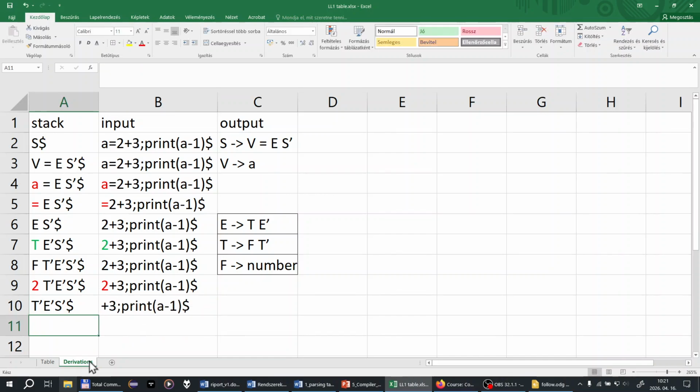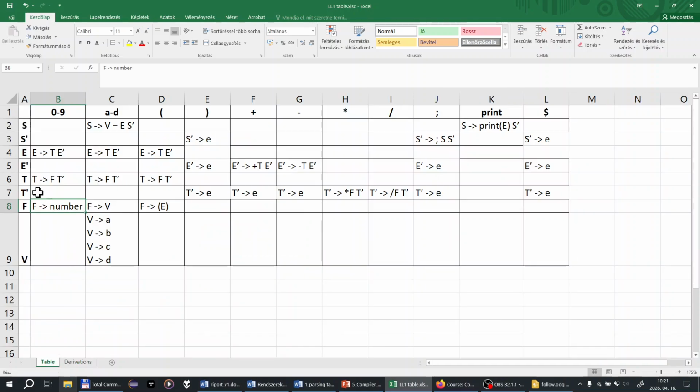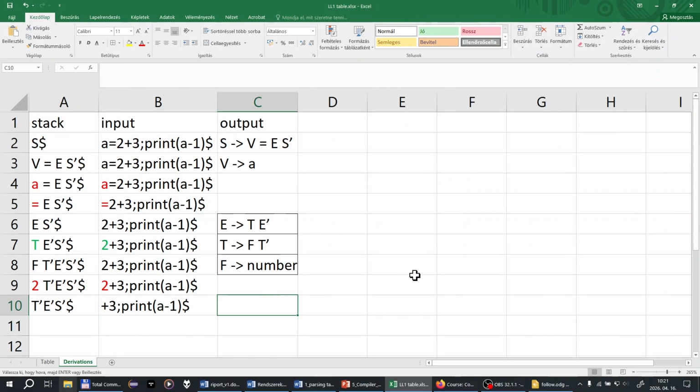Okay, for the T prime and plus, we have T prime to E. So practically this T prime is eliminated from here.